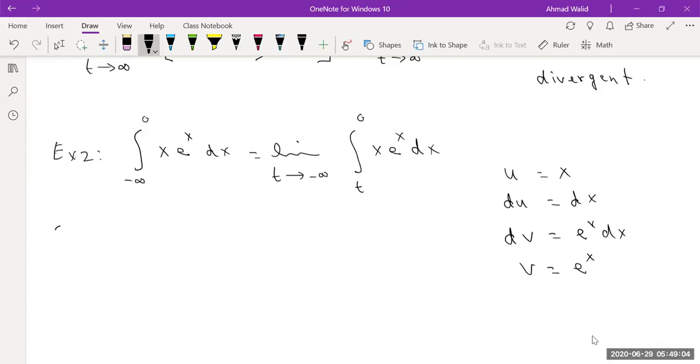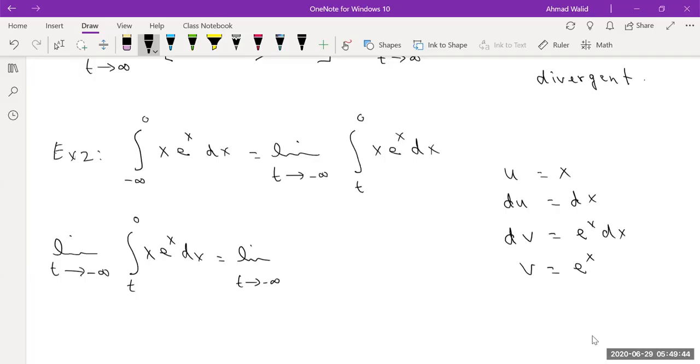You can write limit t approaching to negative infinity. Very bad notation. Let me erase it and rewrite it. Limit t approaching to negative infinity, integral from t to 0 x e to the power of x dx equals limit t approaching to negative infinity, integral by parts, u times v.